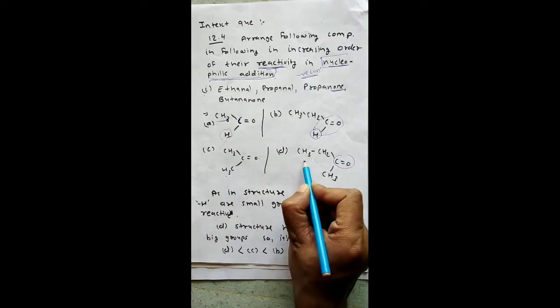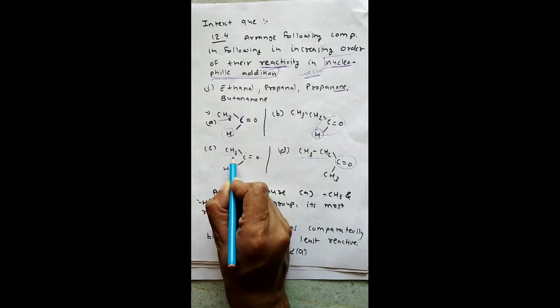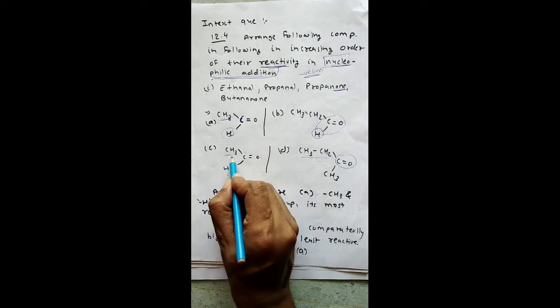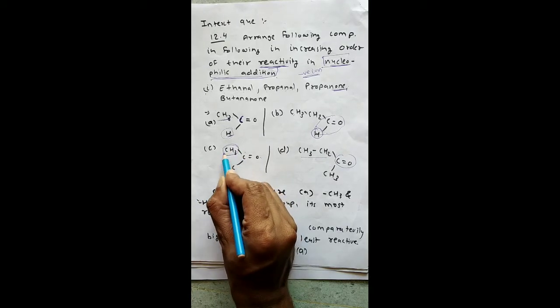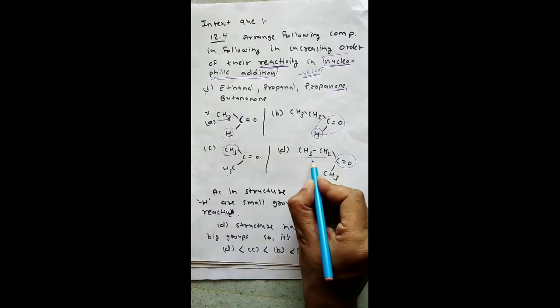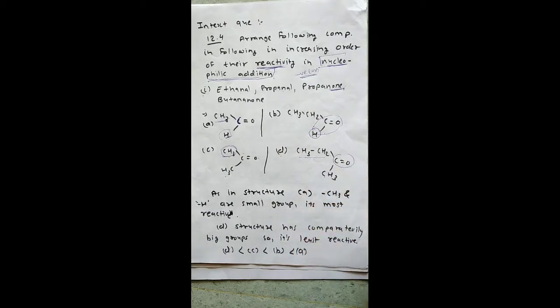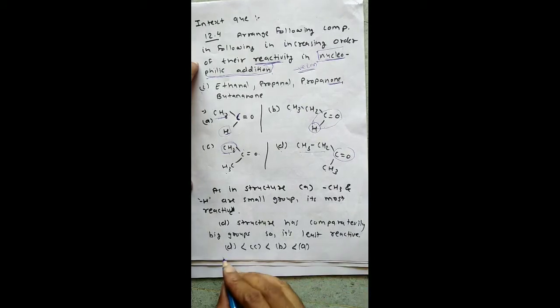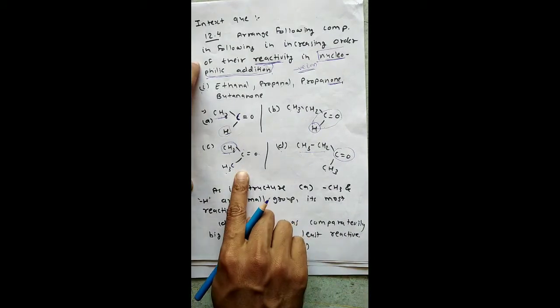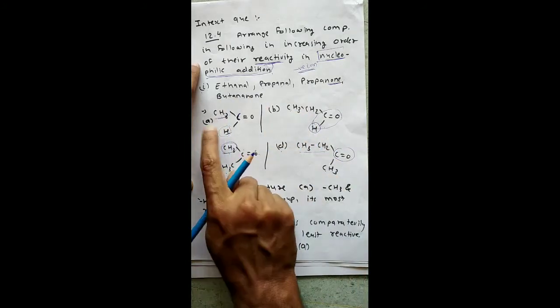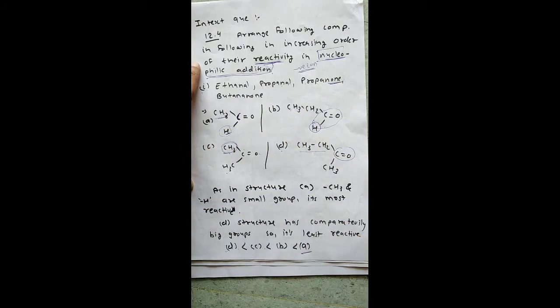Now here CH3, CH2 is there and here CH3 is there. This one is a smaller group, so this one is our third, and this one is least reactive. D compound is least reactive. So the order will be D, that is least reactive, then C, then B, then A. A is most reactive.